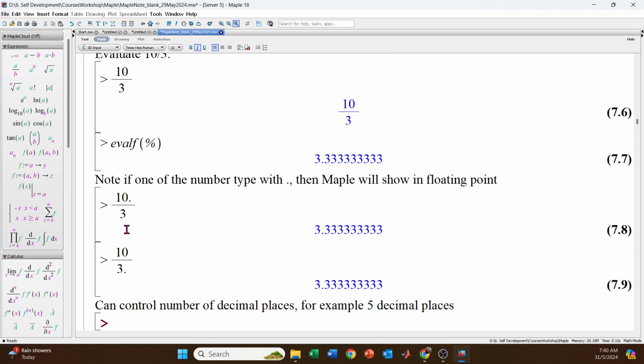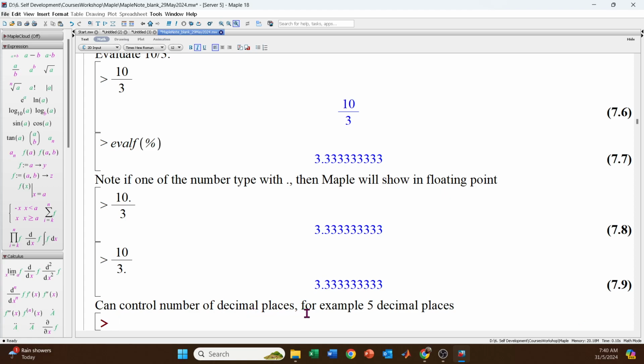If you want the answer in floating point, then one of the numbers, 10 dot, means you want floating point, and the output will automatically display in floating point. Otherwise it is in natural display, and if you want to change to floating point, then you use evalf.